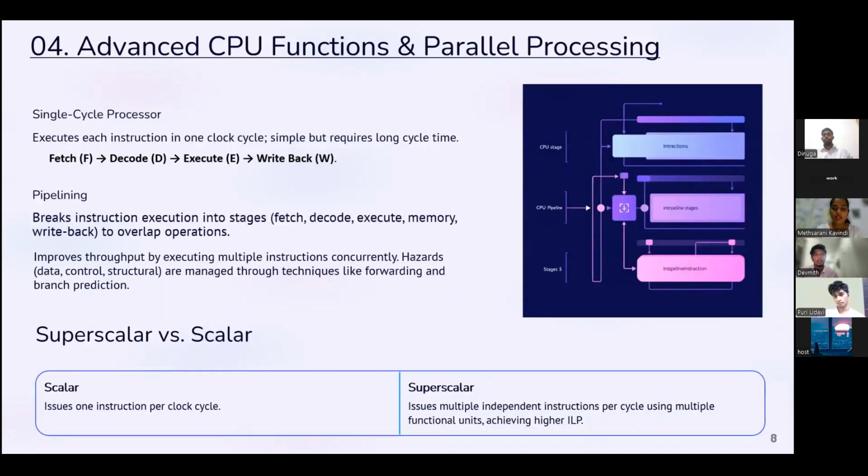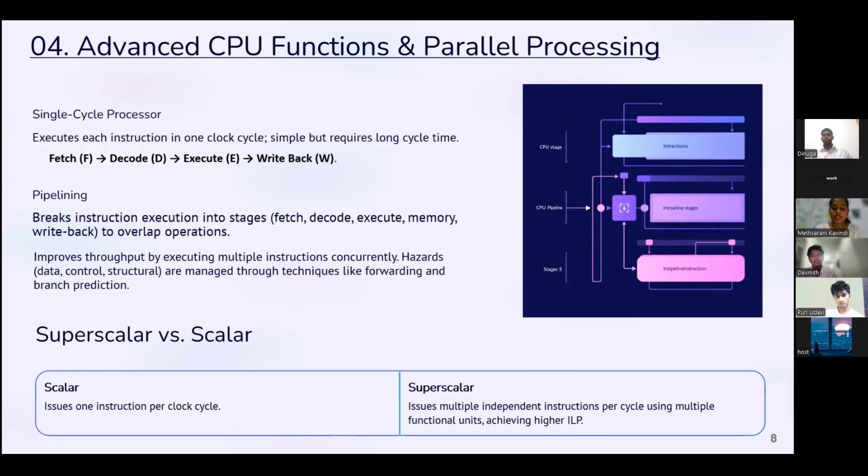Thank you, Purinda. Now I will talk about three CPU design methods. The first one is the single cycle processor. Here every instruction finishes in one long clock cycle. It is simple, but it is not very fast. The second one is pipelining. In pipelining, the CPU breaks an instruction into stages: fetch, decode, execute, memory, and write back.